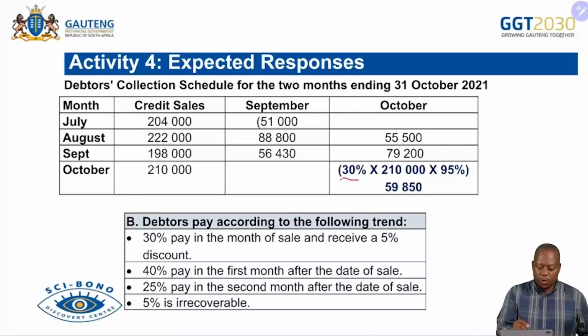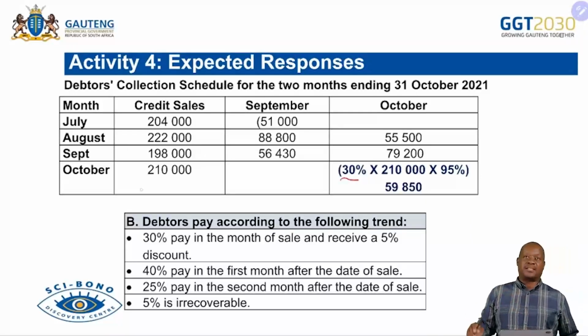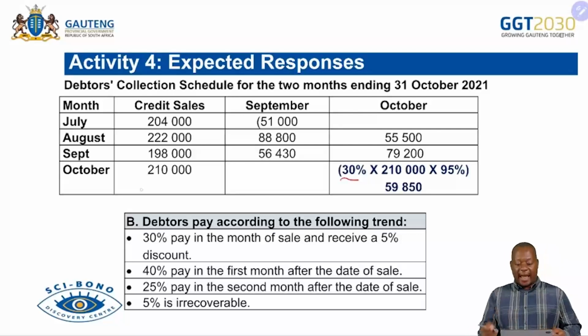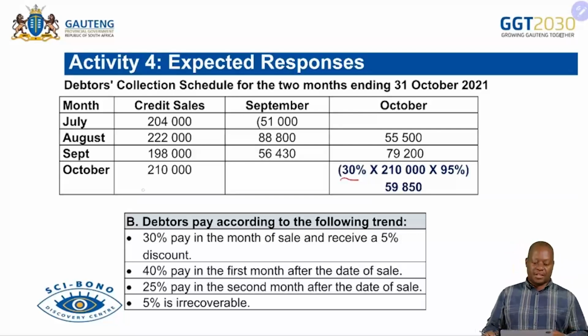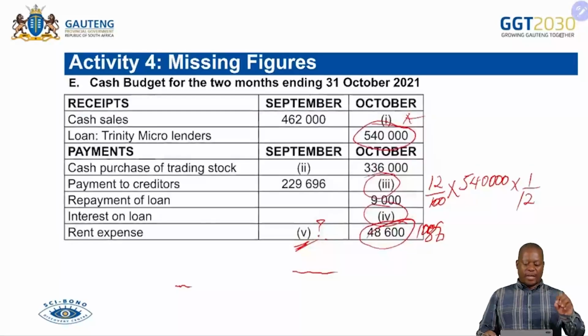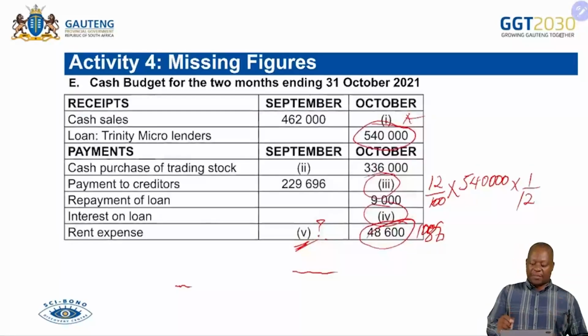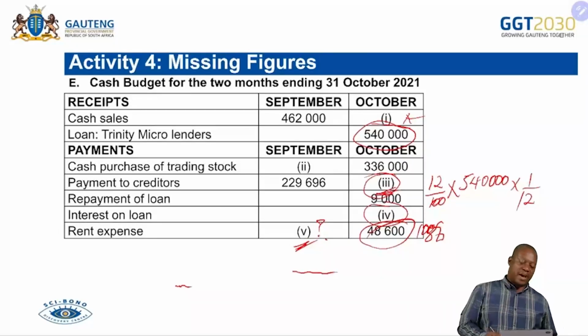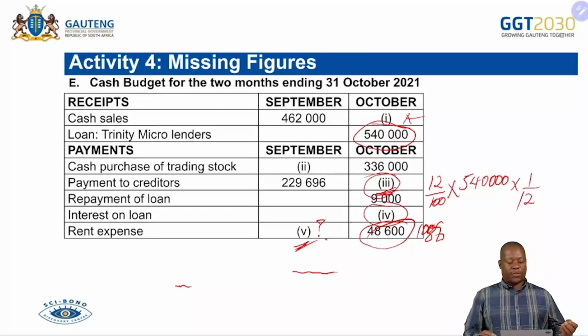If we look into the credit sales that we are given, now we can use the credit sales in order for us to find the purchases by taking them back to the total sales, and then we can make them credit purchases. So you are going to see now that there is always that link, and that is the one that we are going to capitalize on in order for us to find our payments to creditors.